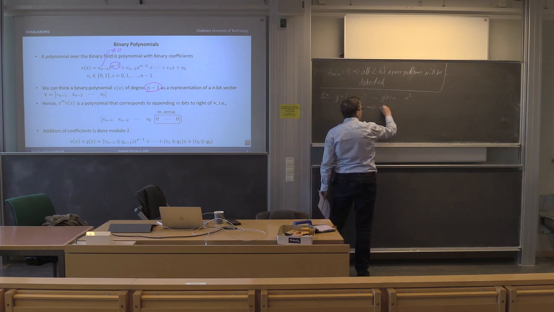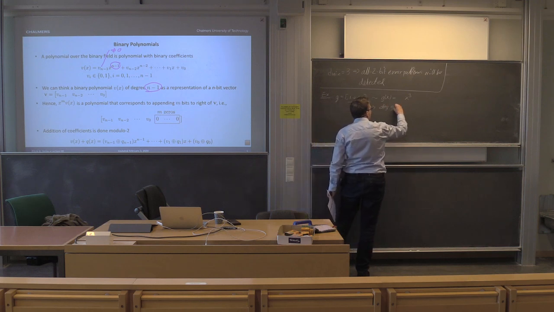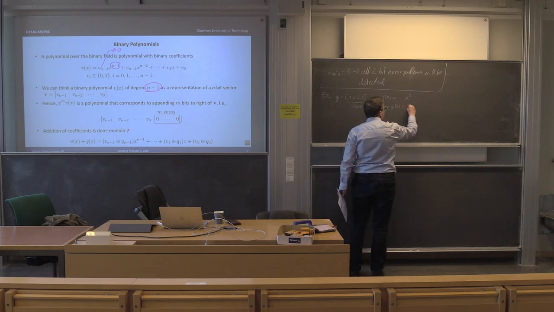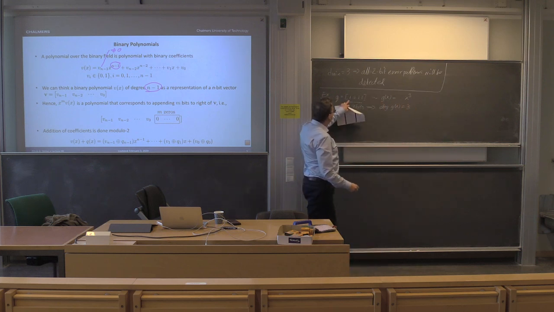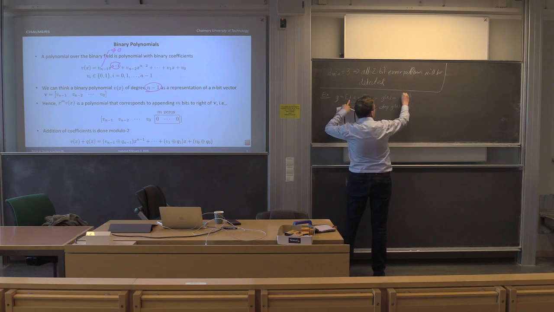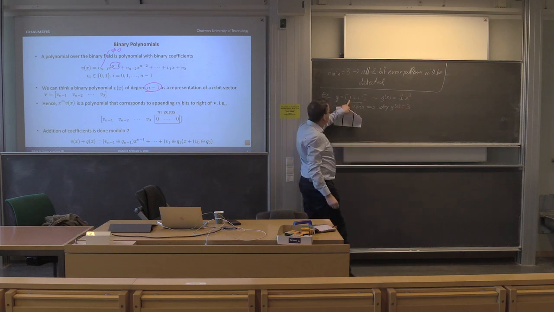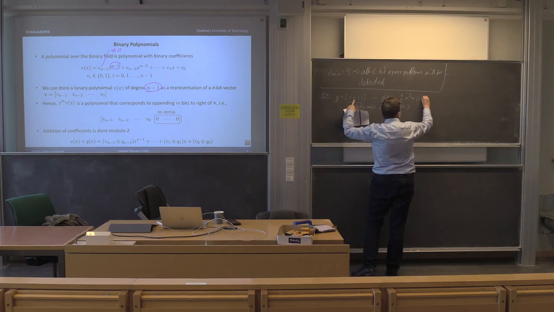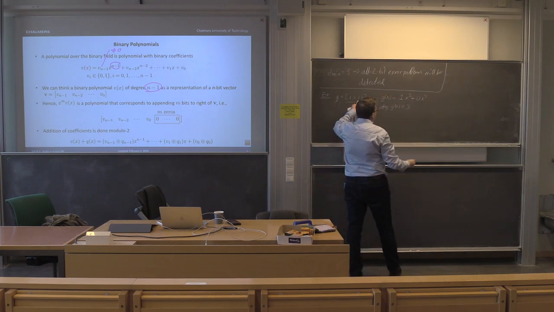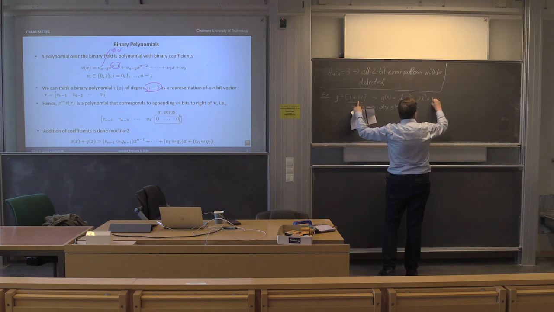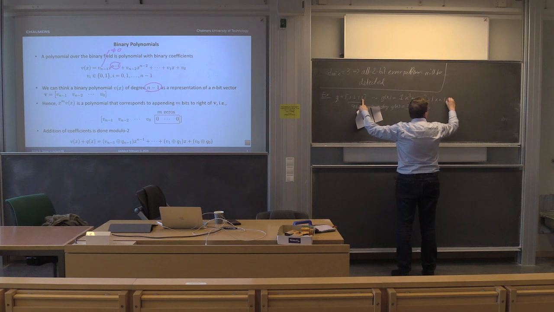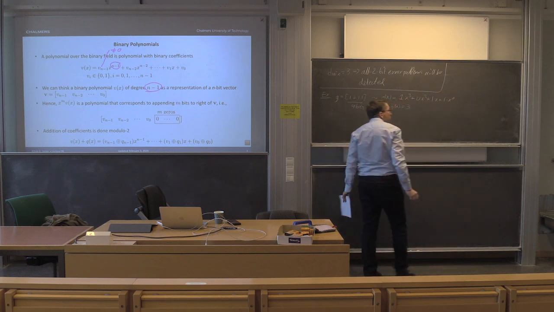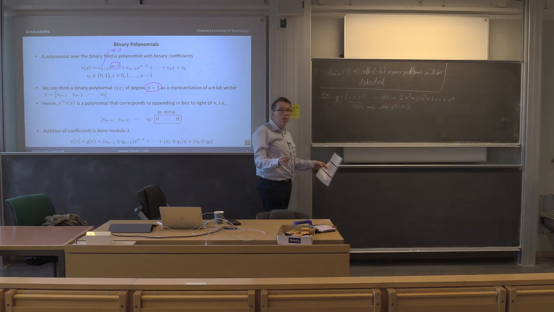So that means the degree of g of x is equal to 3. Then we take the first coefficient and multiply that with x3, the second coefficient, 0, with x2, then the third, 1 times x plus 1 times x to the power of 0. And then we're done.